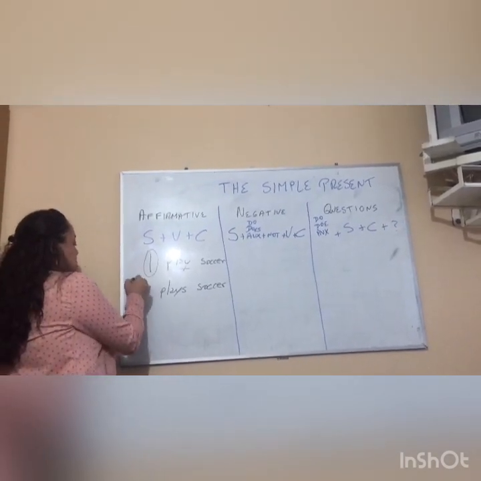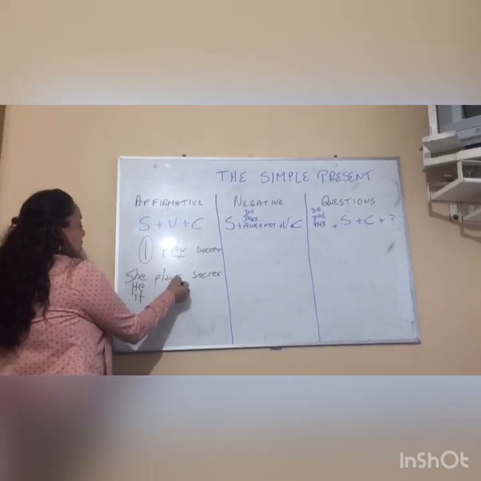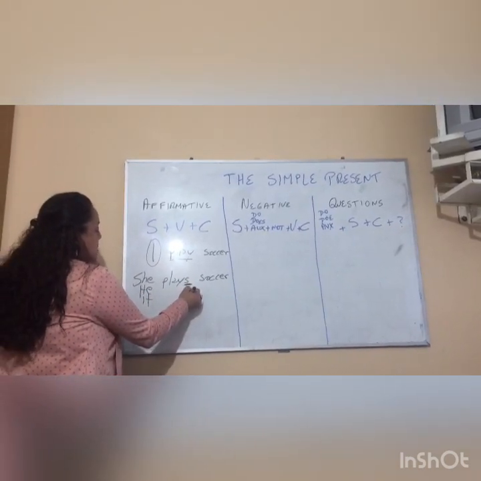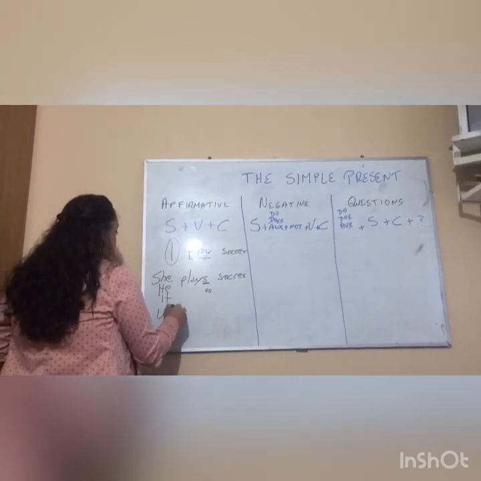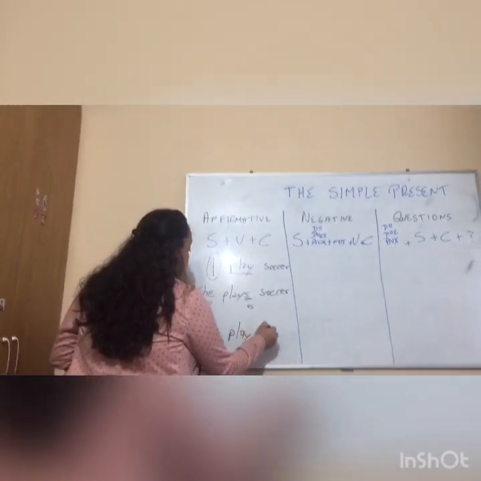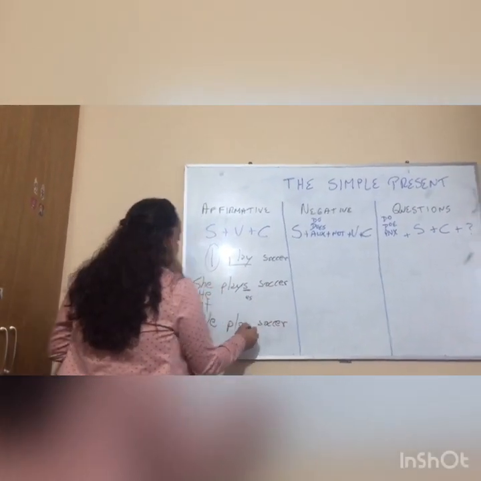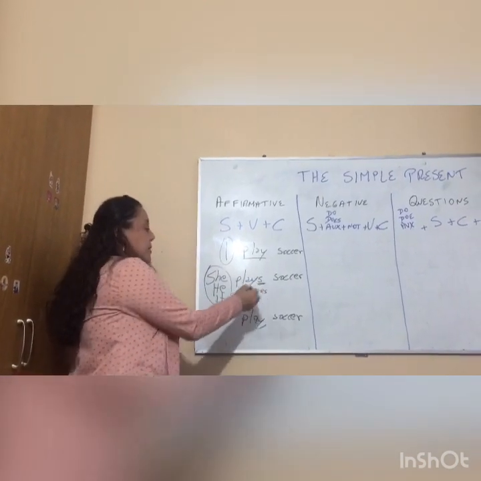But when we are using he, she, or it, we use the verb with s or es depending on the verb. When we are using we, we use the same verb. So the verb is the same, it doesn't change. Only in the third person the verb changes.